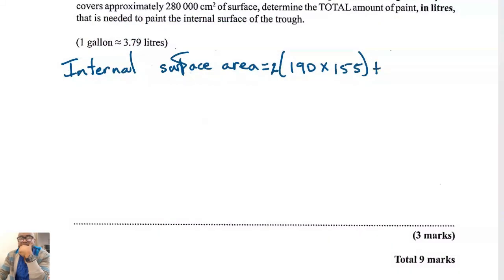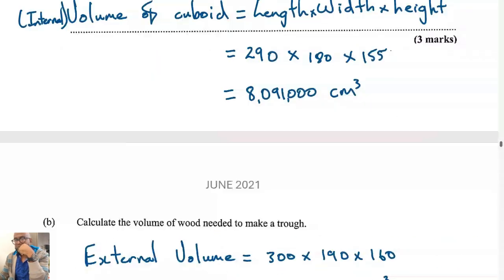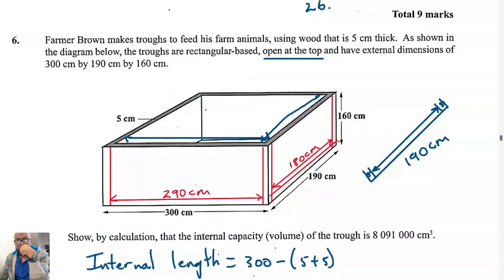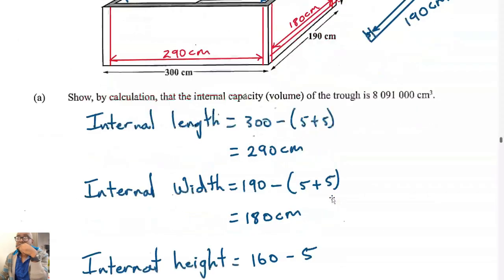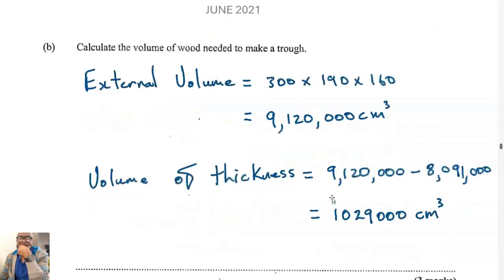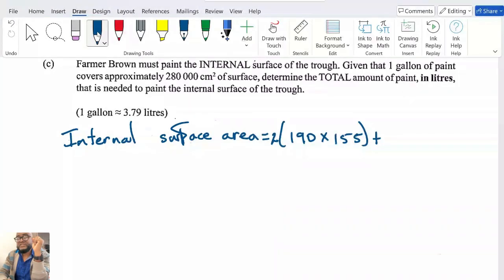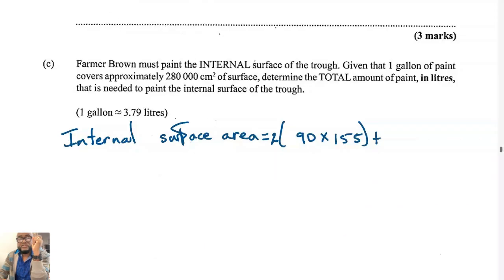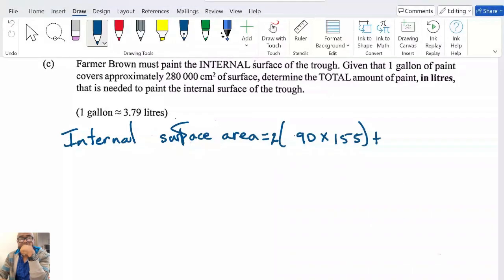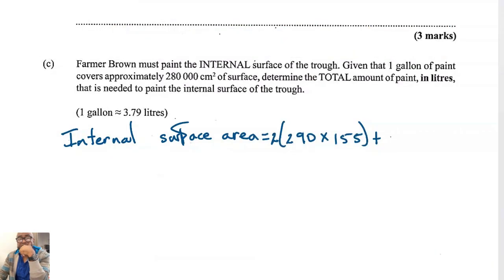What's another surface? Plus, what's the surface on the side here? 180 by 155. Everybody agrees? Yeah, I now realize it's 290. I put 190. This is the next reason why you have to always be checking your figures, eh? It's 290. Dimitri, you see that?